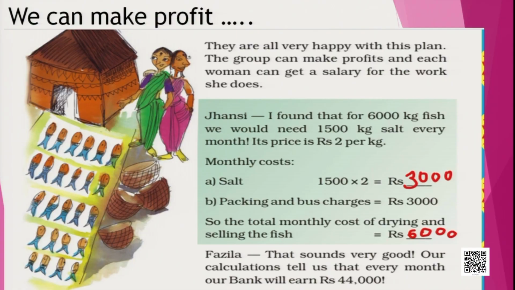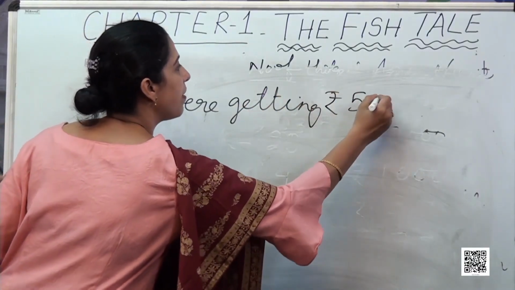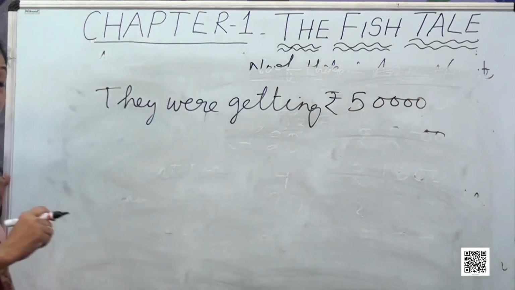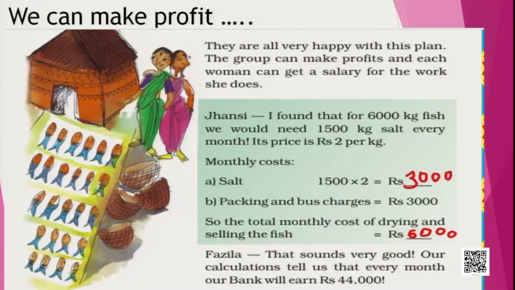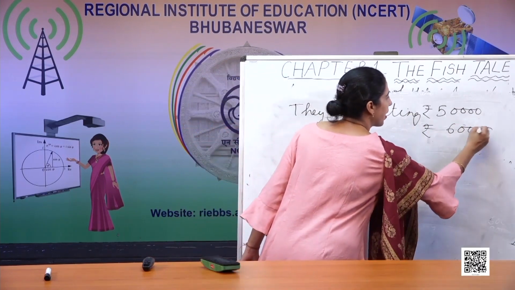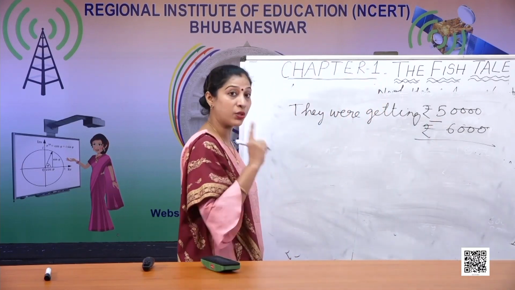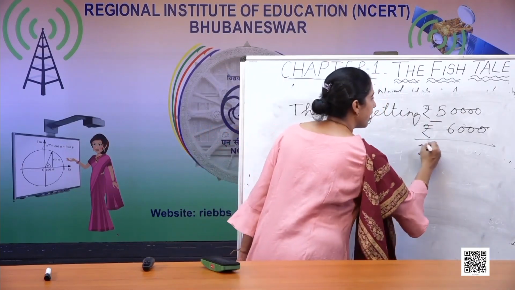But out of those 50,000 rupees, they have to also spend 6,000 rupees on salt and the bus charges and everything. So when we subtract, the total amount they are actually getting is rupees 44,000.